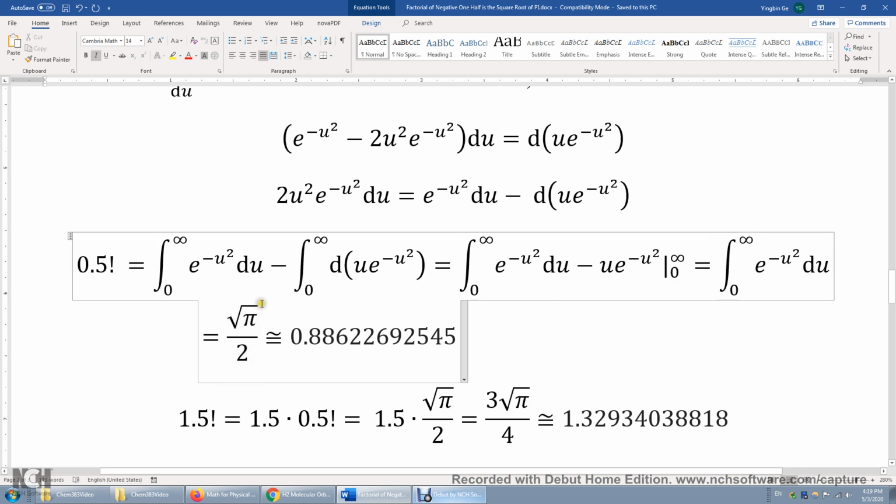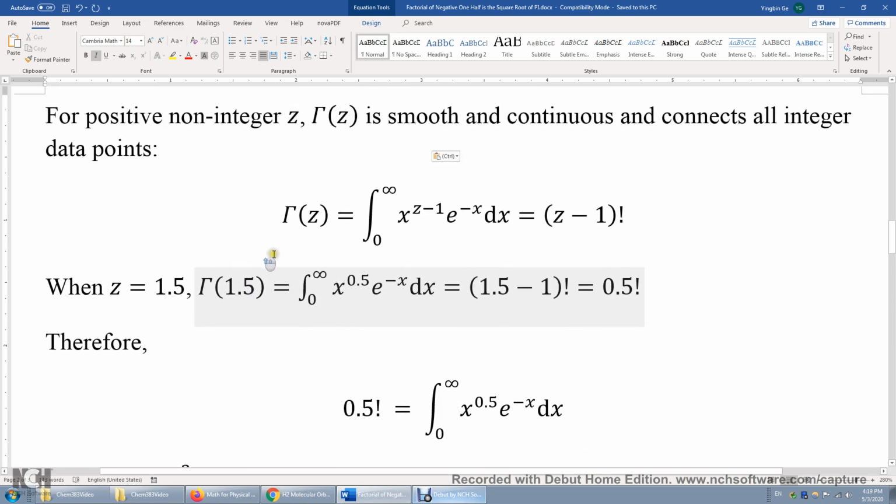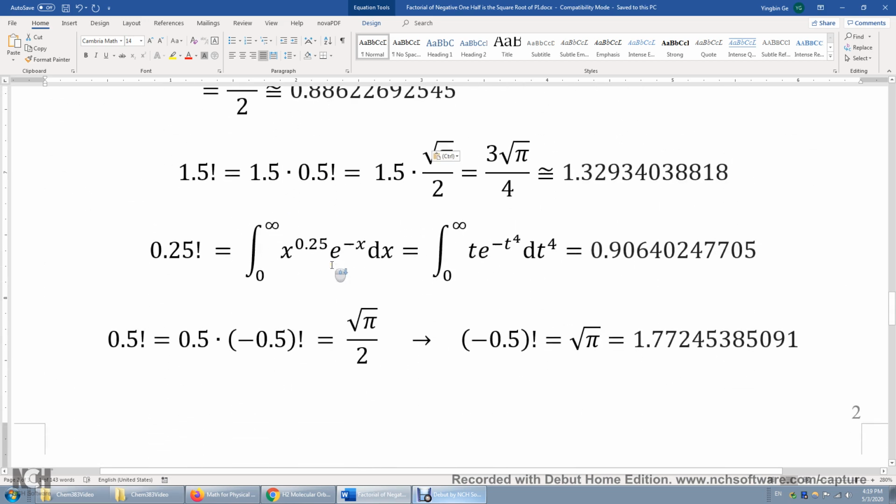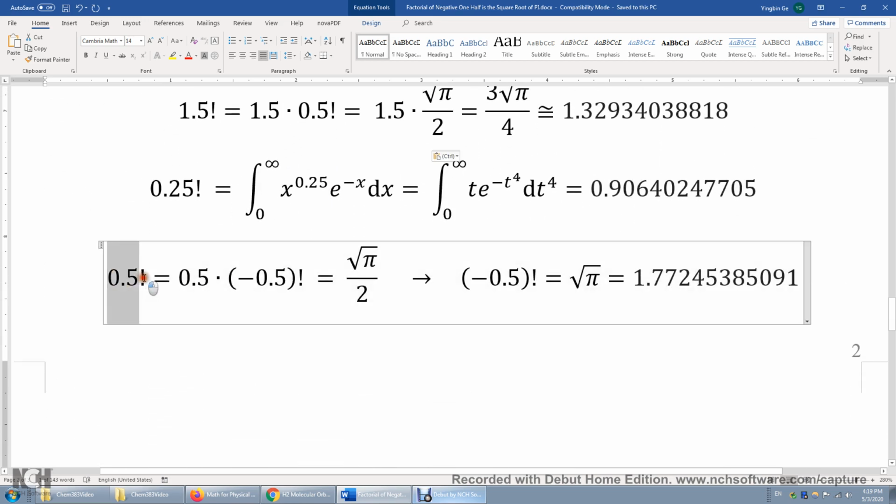And because of the definition of this gamma function, really nice gamma function here, that connects all the dots, all the integer dots, we have this 0.5 factorial equals 0.5 times negative 0.5 factorial, and now we have this guy is equal to square root of pi. What about negative 1.5 factorial?